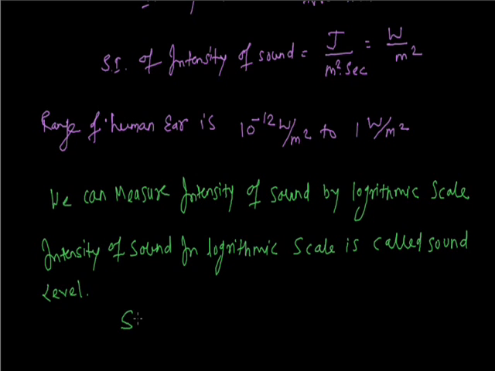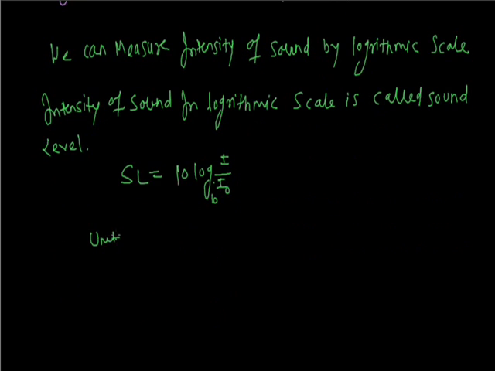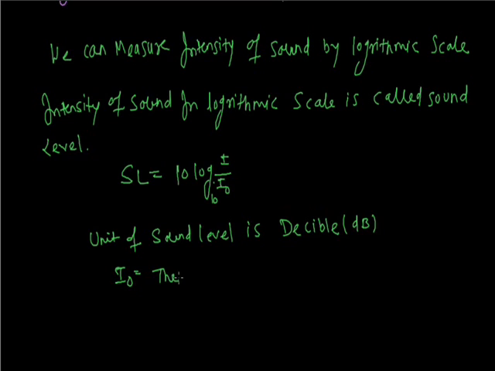What is the formula of the sound level? Sound level is equal to 10 log I by I naught, with base 10. The unit of sound level is decibel, dB, and I naught is the threshold sound intensity. That means the minimum sound intensity of human hearing is I naught, called the threshold sound intensity.